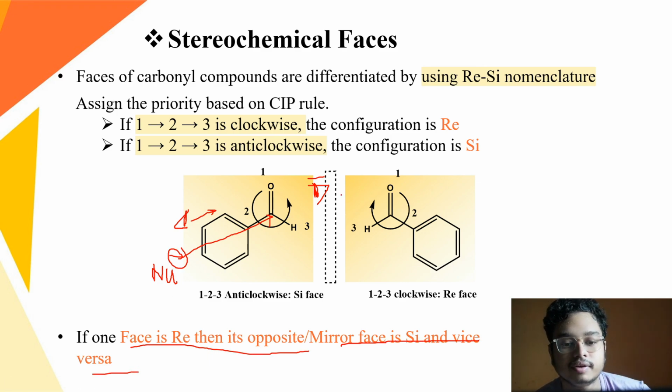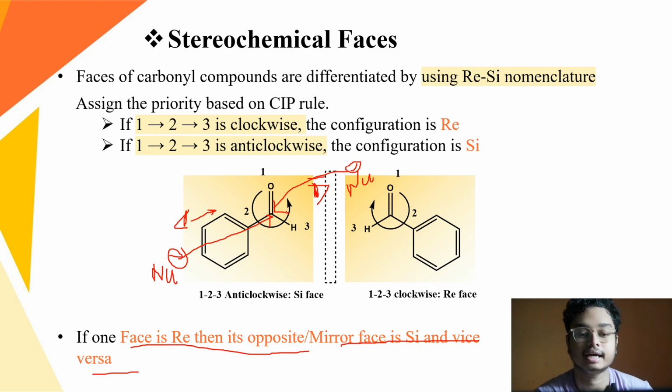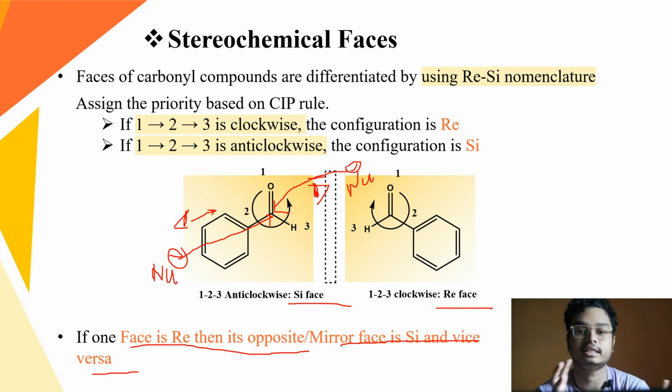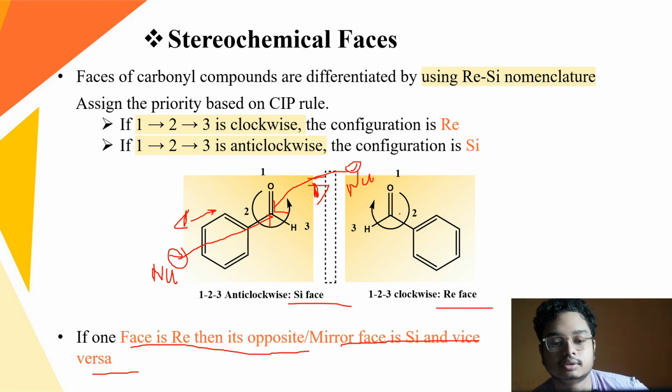So that means if any nucleophile attacks from the back side of this particular carbonyl compound, then we can say that the nucleophile attacks the Re face. And this particular stereochemical face is very, very important when we are talking about asymmetric synthesis. You have to understand very clearly what Re face attack is and what Si face attack is. Now if the Ph group is here, like in this particular case, this will be the Re face.